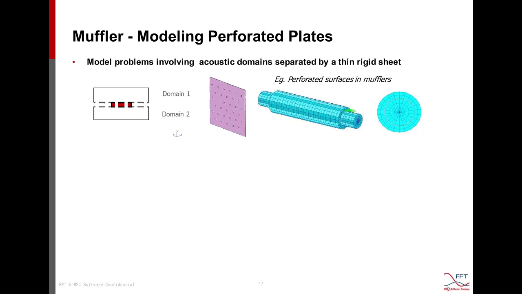Okay, so the next example is a muffler modeling. So we have seen the modeling of the simple muffler, and here we will model a complex muffler including perforated plate design and the porous material usage.